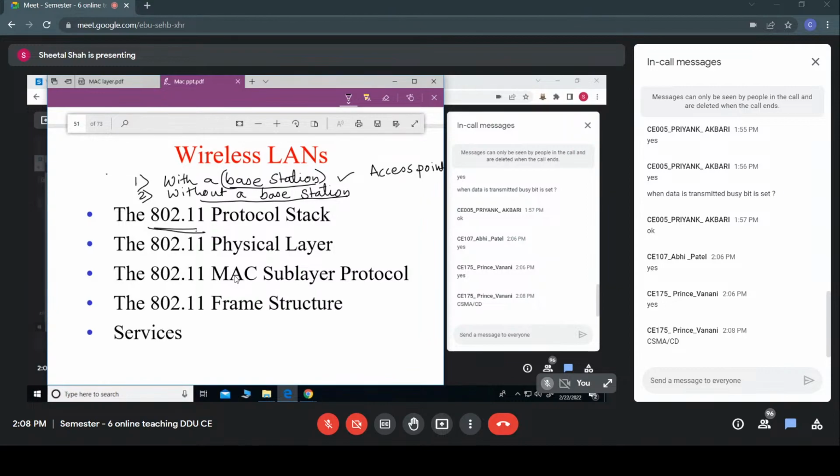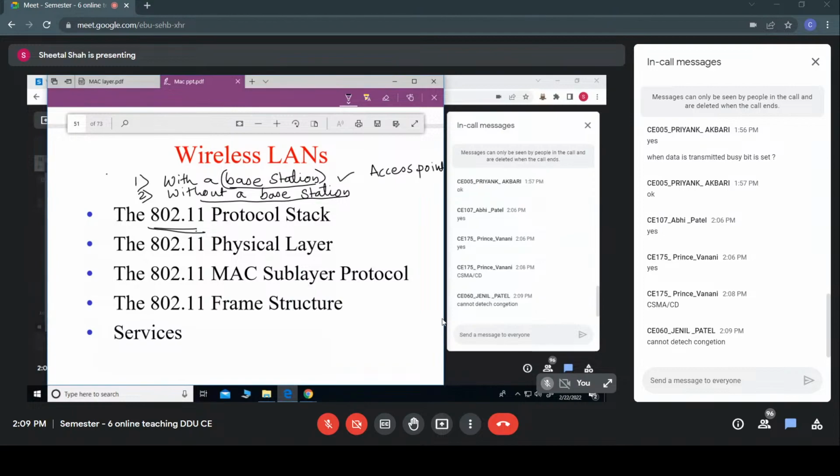As we know, before transmitting, a station would sense the channel. That is what it does in CSMA-CD, isn't it? In a wired network, when the frame is sent, meanwhile it is also listening to the channel to see whether a collision has occurred or not.